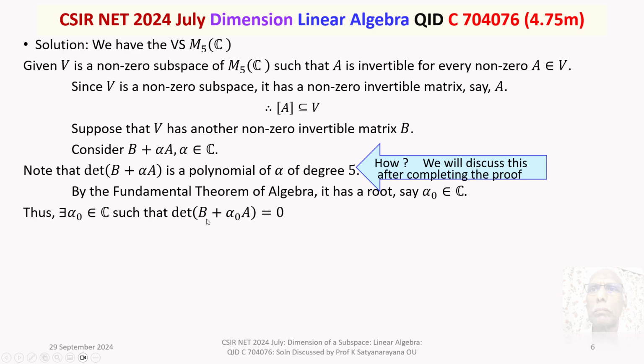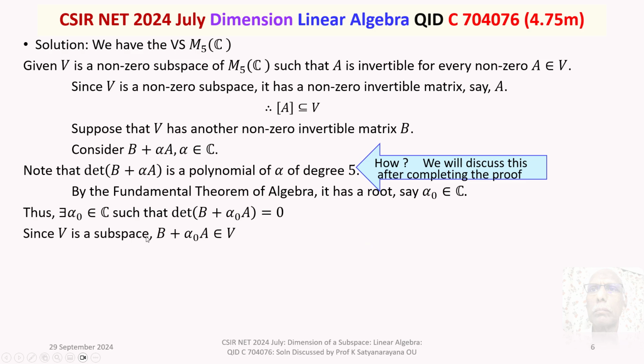So, for this alpha naught, B plus alpha naught A is not invertible. Why? Determinant is 0 means it is singular, so it is not invertible.